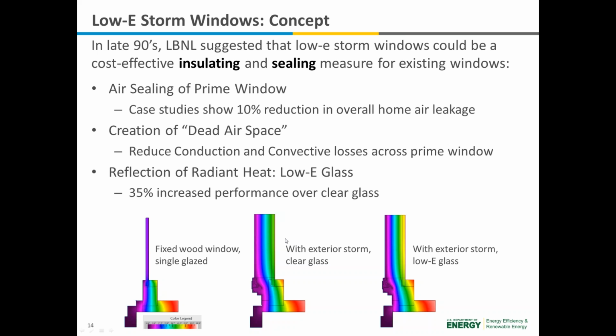In the middle, as you add a clear glass storm window, you now create that airspace and you are insulating it more, and you significantly raise the temperatures, helping to reduce that condensation, but also reduce the heat loss. And then finally, the last step on the right, when you add the low E glass, you are reducing the radiative heat loss as well, and you can warm that glass even more and cut heat loss even more.